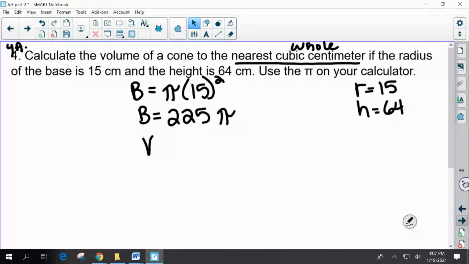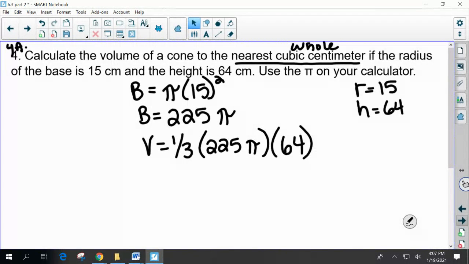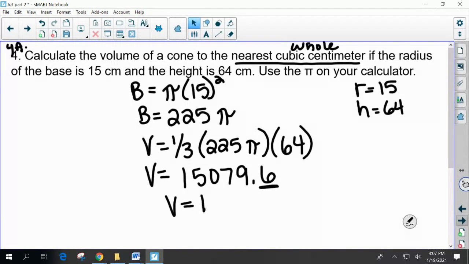The volume equals 1/3 times 225 pi times the height, which is 64. If I multiply that out using the pi button on my calculator, I get 15,079.6. The instructions say to round to the nearest centimeter. So this is 5 or greater, so I would round up to 15,080 centimeters cubed.